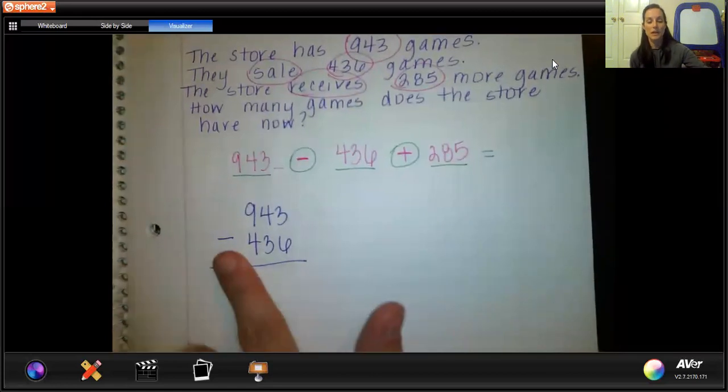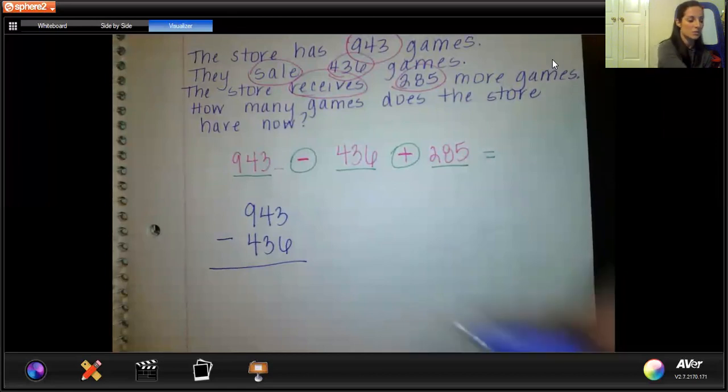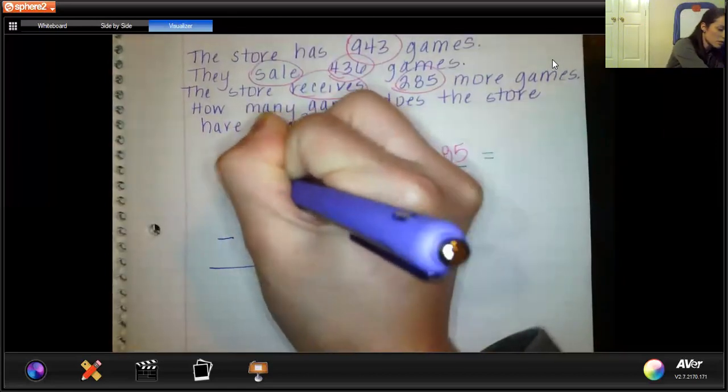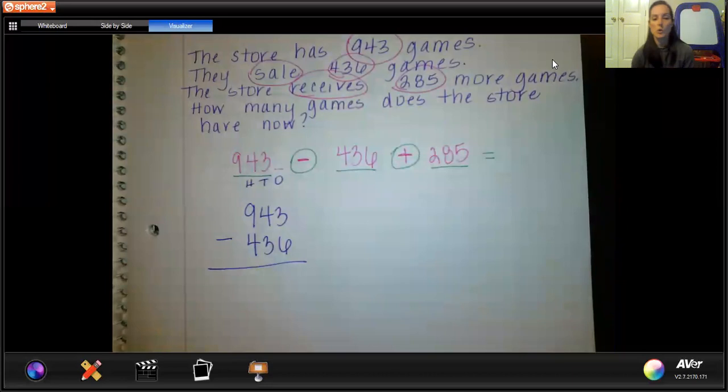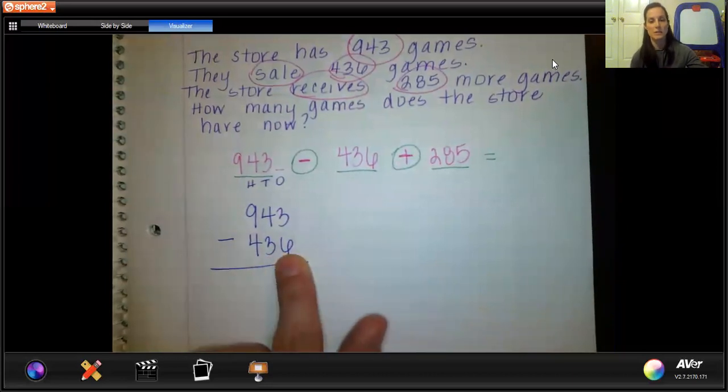So again, here we are placing it in algorithm form, making sure we're lining up our hundreds, tens, and ones. Always starting at the ones place. If I have 3, I cannot take away 6.